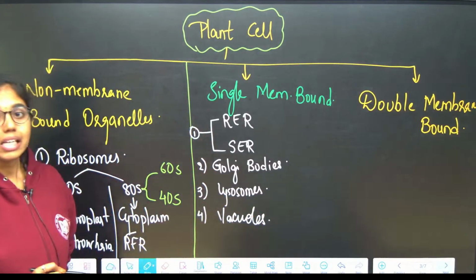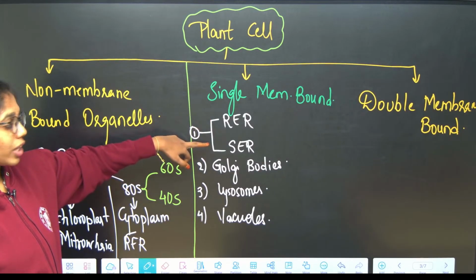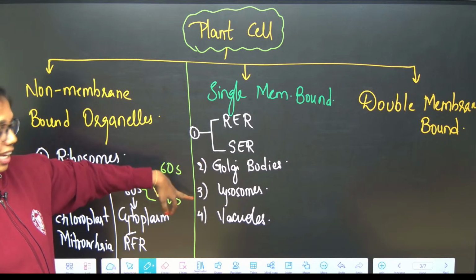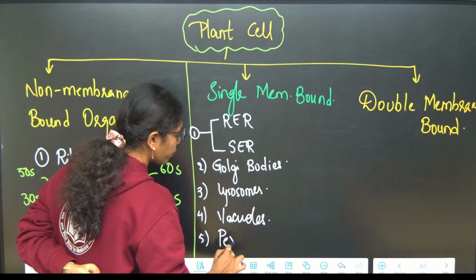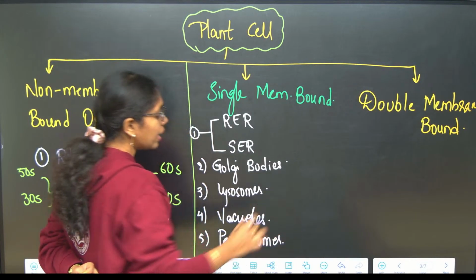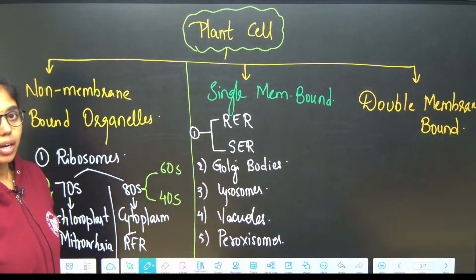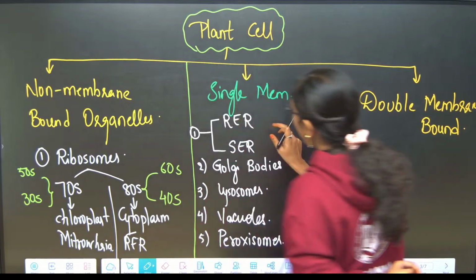These are the single membrane bound organelles: rough endoplasmic reticulum, smooth endoplasmic reticulum, Golgi bodies, lysosomes, vacuoles and peroxisomes.